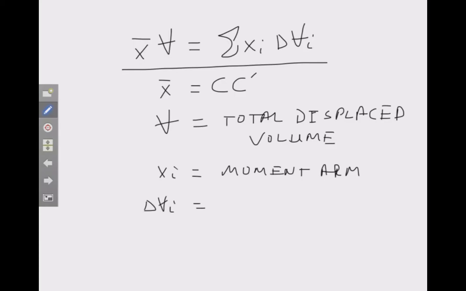So if we're able to determine these little volume elements, and these are incremental volumes of the displaced fluid, you can see what we're going to be trying to do.